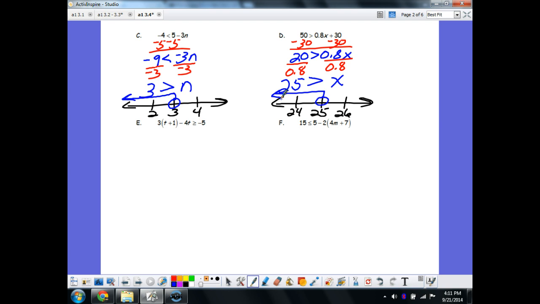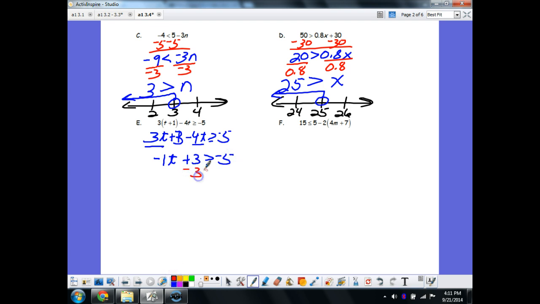Now, E and F are a little bit more complicated. First thing we would do is distribute the 3 in E: 3t plus 3 minus 4t is greater than or equal to negative 5. Combine the like terms to get negative 1t plus 3 greater than or equal to negative 5.